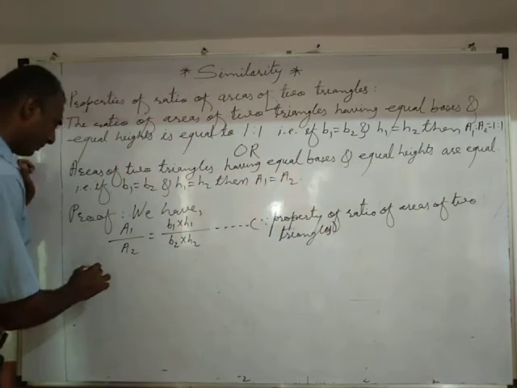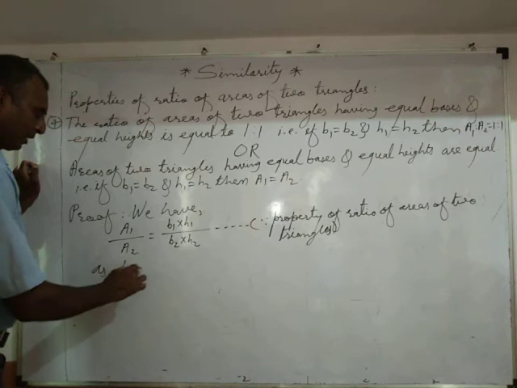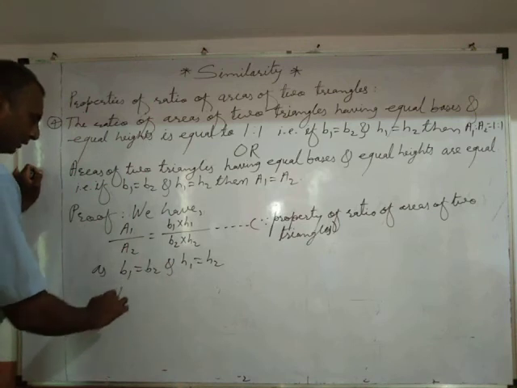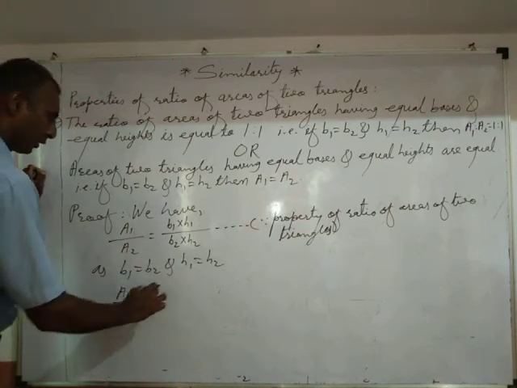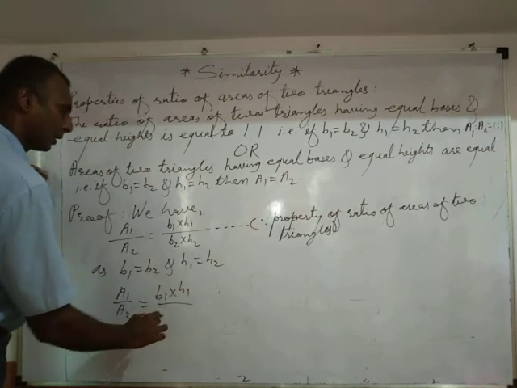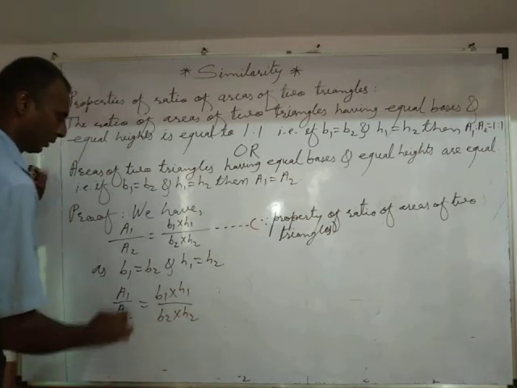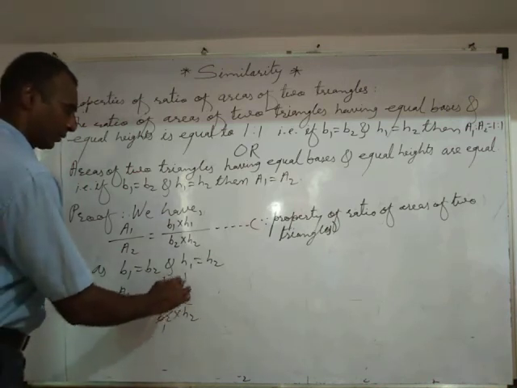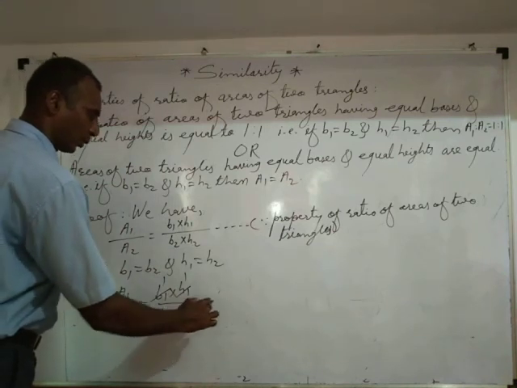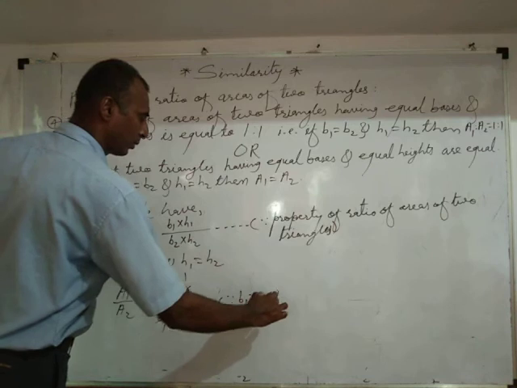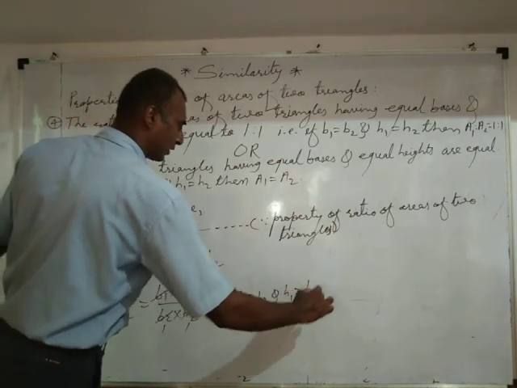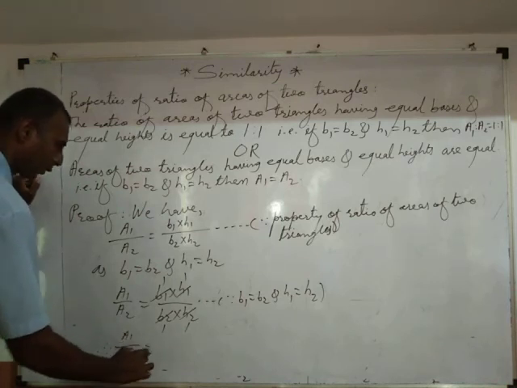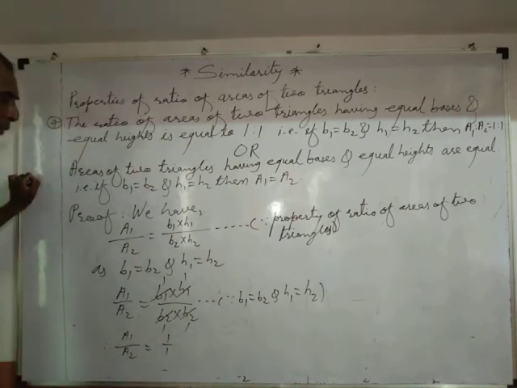As here B1 equals B2 and H1 equals H2, A1/A2 equals B1 into H1 upon B2 into H2. B1 equal to B2, therefore B1s are B1, B1s are B2. H1s are H1, H1s are H2. Since B1 equals B2 and H1 equals H2, therefore A1/A2 equals 1/1.